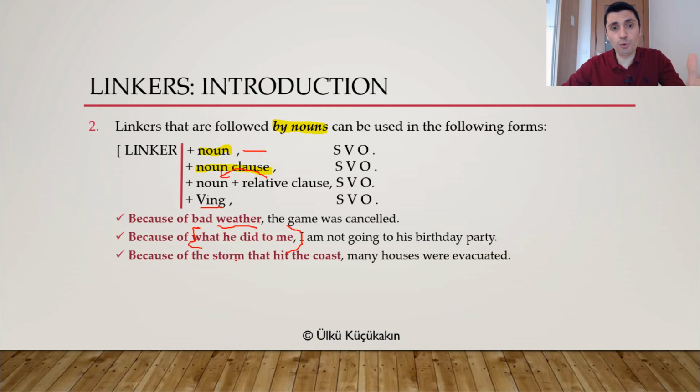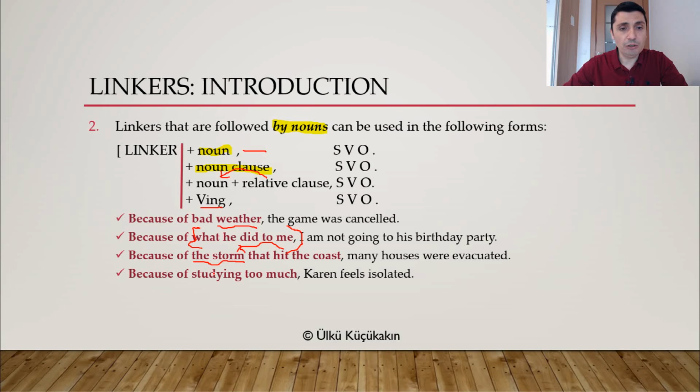Now look at this one. Because of the storm that hit the coast. Now here, first you have a noun and an adjective clause that describes this noun. So it doesn't change anything. It's simply a noun that is described by an adjective clause, and they all go together. Because of the storm that hit the coast, many houses were evacuated.